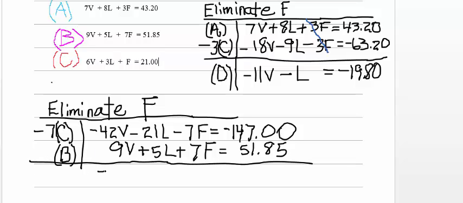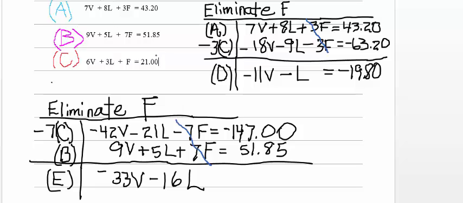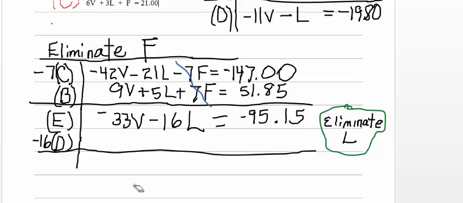So I get equation E, whose coefficients are -33V minus 16L equals -95.15. And then I multiply every term of D by -16 so that my L's cancel out.